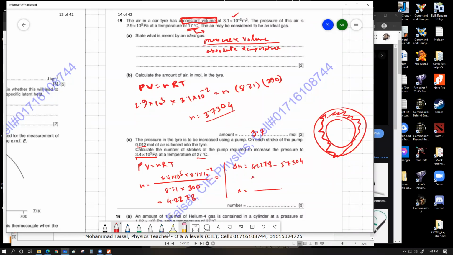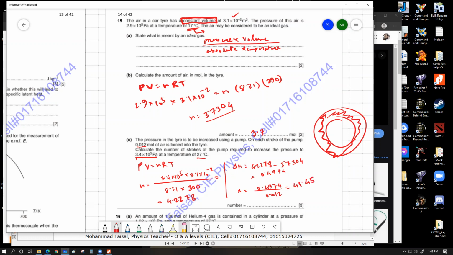So we're going to get 0.4974. So the number of strokes is going to be 0.4974 divided by 0.12. This is a point where you have to apply a certain judgment. I'm getting 41.45.